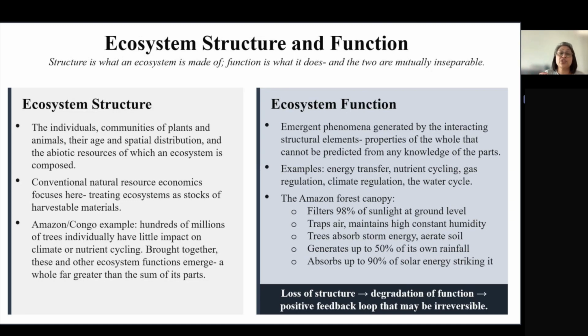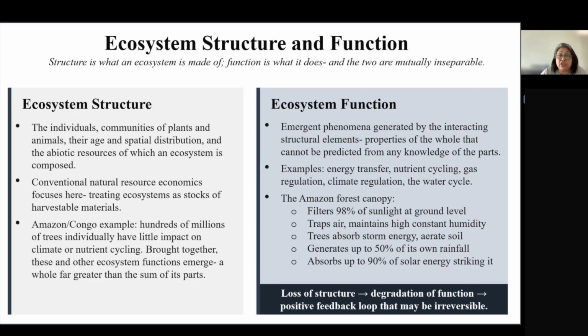Conventional natural resource economics has traditionally focused almost entirely on structure, treating ecosystems as a stock of harvestable material, like timber volume, fish biomass, crop yield. But this focus on structure alone misses something really profound. What they are missing out is the function that an ecosystem provides. This is basically what an ecosystem does: the emergent phenomena generated by the interaction of these structural elements. These are properties of the whole that cannot be predicted from any knowledge of the parts taken individually.